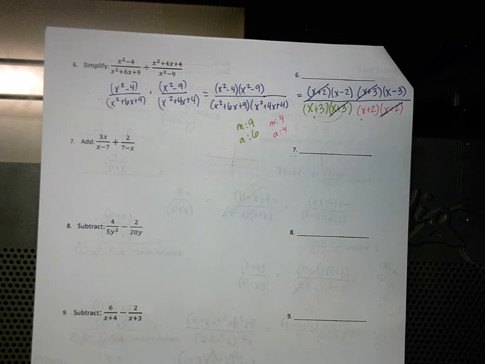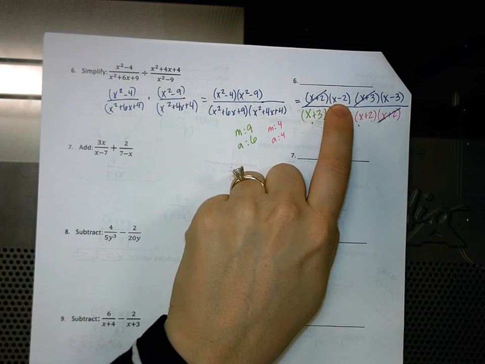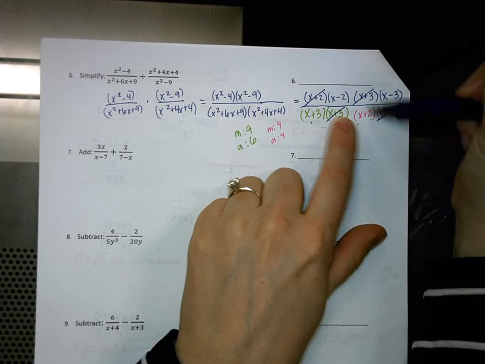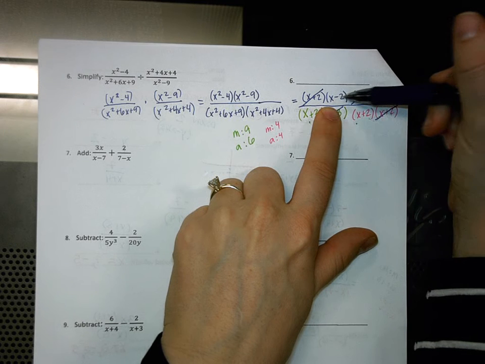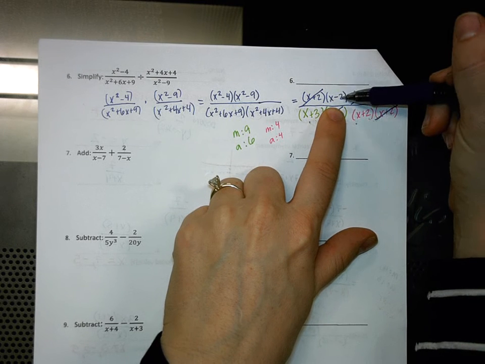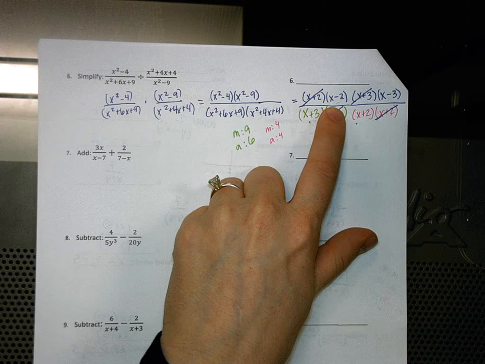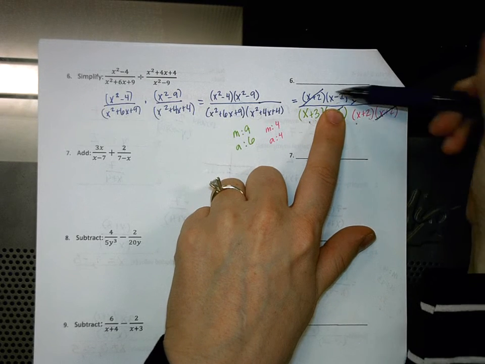No. So I saw some shaking of the head. But some people try to do that because they see that these kind of match, but they're opposite numbers. If I try to factor out a negative from x minus 2, what does x minus 2 factor to? Negative x plus 2. So that would still not match positive x plus 2, so I wouldn't want to do that.